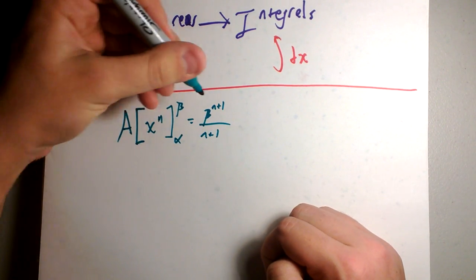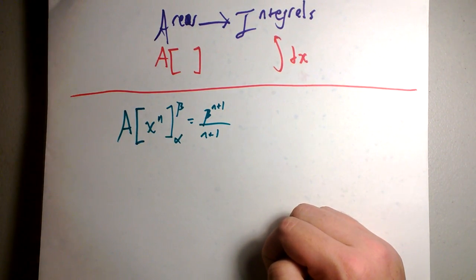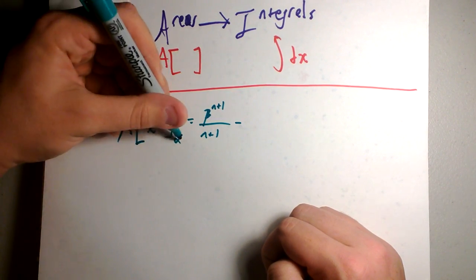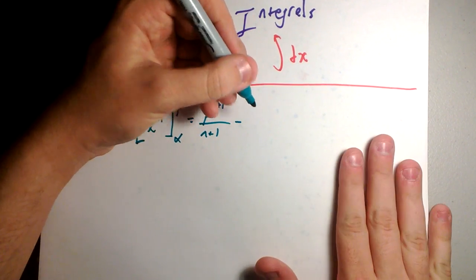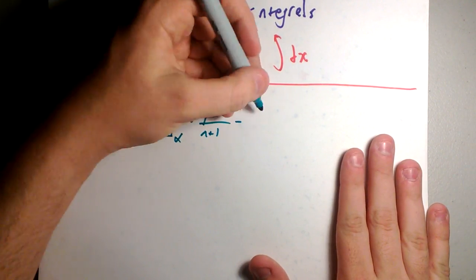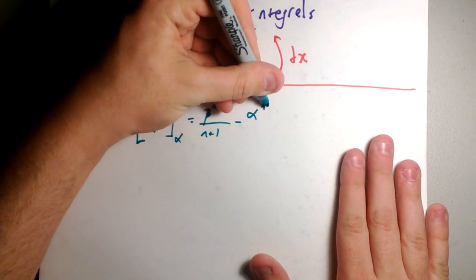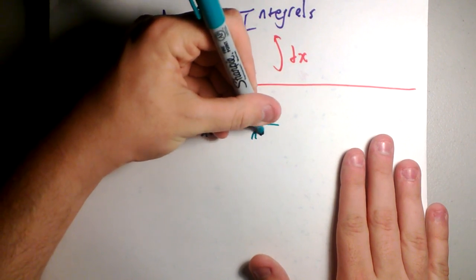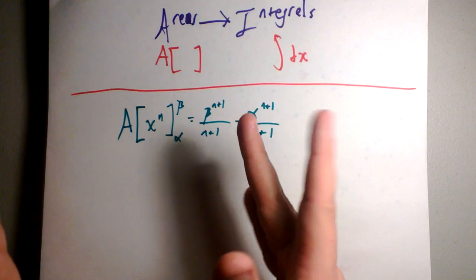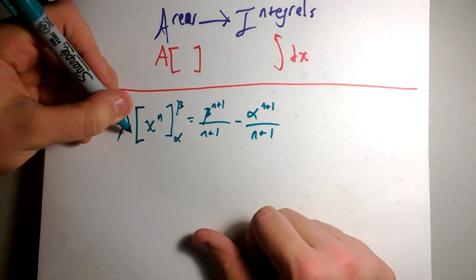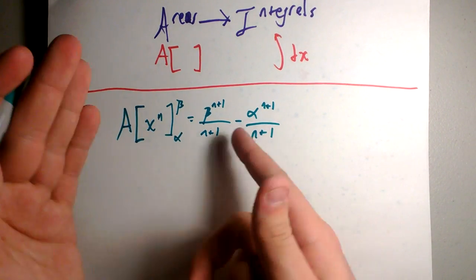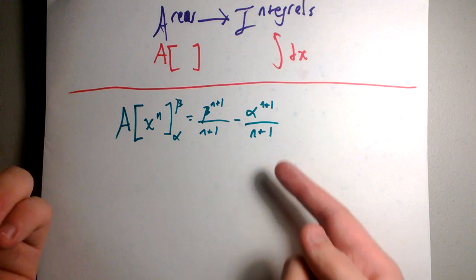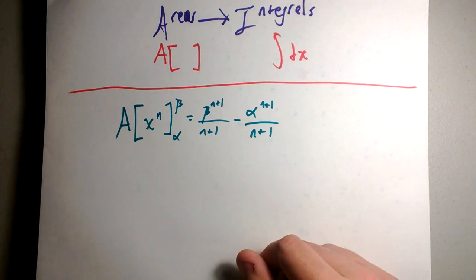So if it's x squared, it would be x to the 3 over 3. And then you subtract this value, x, which would be alpha to the n plus 1 over n plus 1. Alright, so that's a situation for any n.